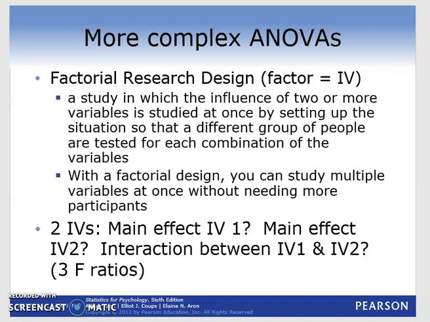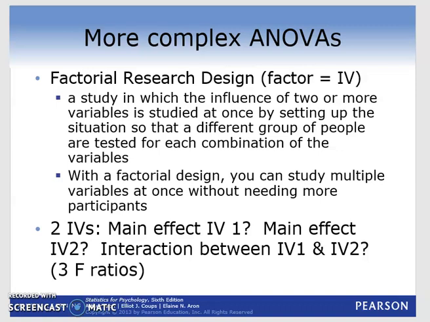So I'm able to identify, is there a main effect for gender? Is there a main effect for exercise type? Or is there an interaction? Does a type of exercise work better for males versus females? Those are all things we get with the factorial ANOVA.